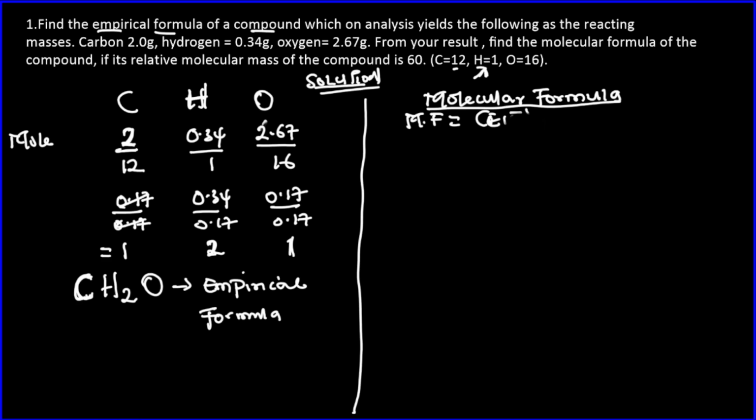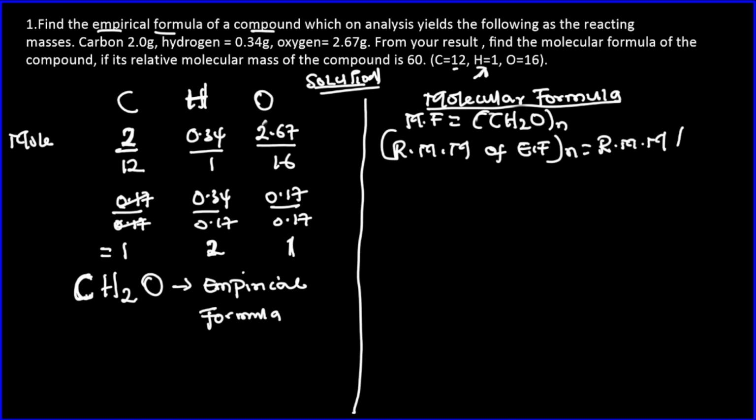So let me just clean this and write the empirical formula. This is CH2O multiplied by n. So how do we look for n? Remember I said the relative molecular mass of the empirical formula multiplied by n equals the relative molecular mass or molar mass of the compound. I'm writing in short form because of time.